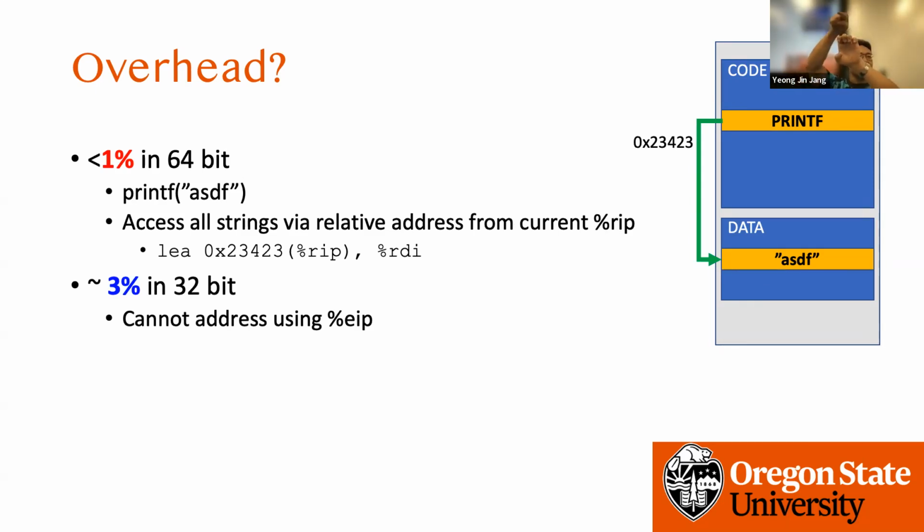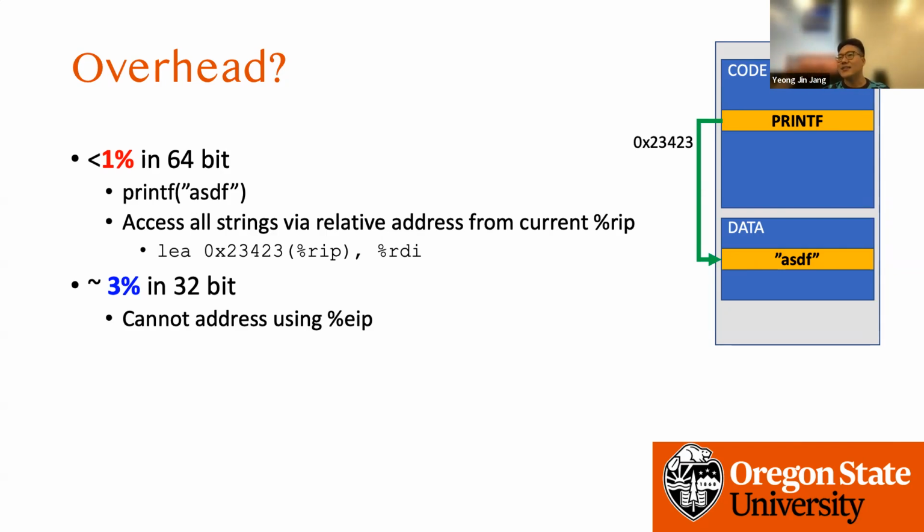So the relative distance between the code and the data will be fixed, but the actual address will be totally different. So to run this kind of thing, the compiler needs to generate the code by calculating the relative distance from the current instruction pointer to the data, and then load that address accordingly.